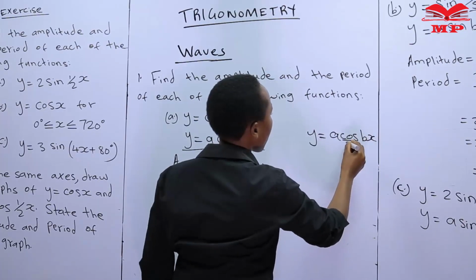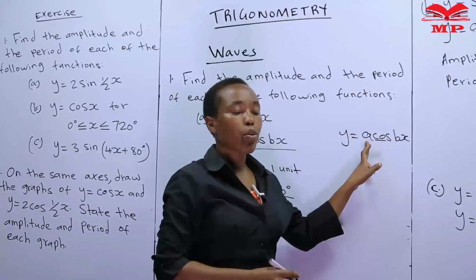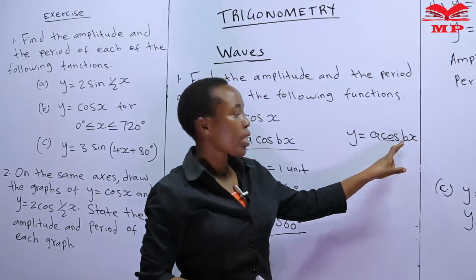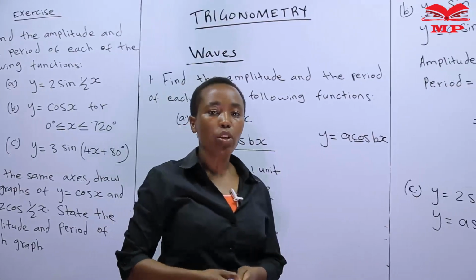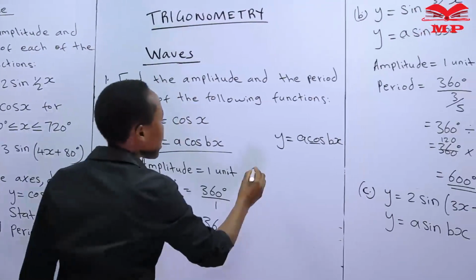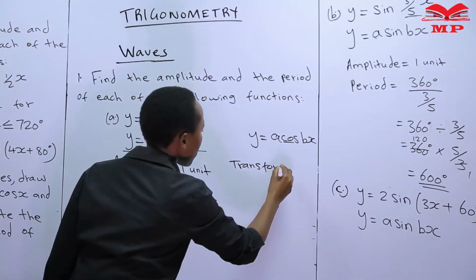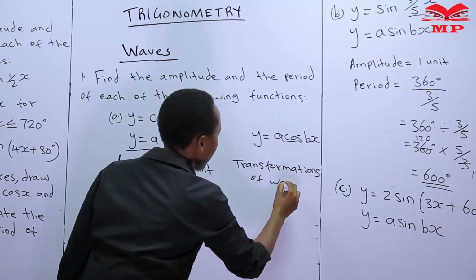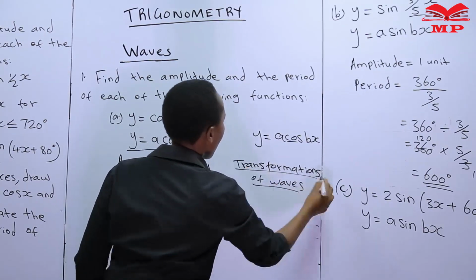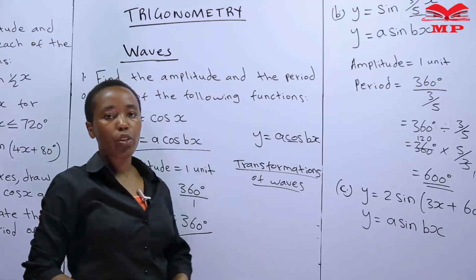It can be cos, sine, or tangent, where a is the amplitude and the period is 360 degrees divided by b. So during the next lesson, we shall be looking at some of the transformations of waves. So we'll be plotting the waves, and then we'll be describing the transformation.